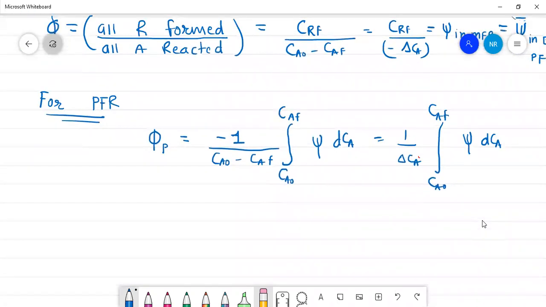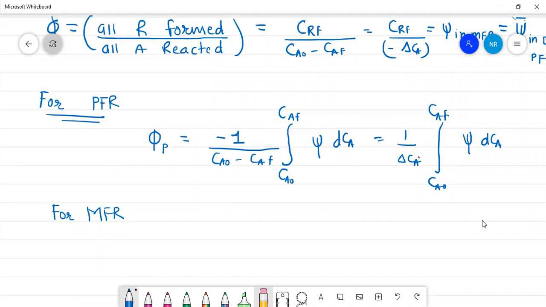For the mixed flow reactor, and the batch reactor is also the same, because in the plug flow reactor phi changes with respect to length, while for the batch reactor it changes with respect to time, but overall both remain the same.